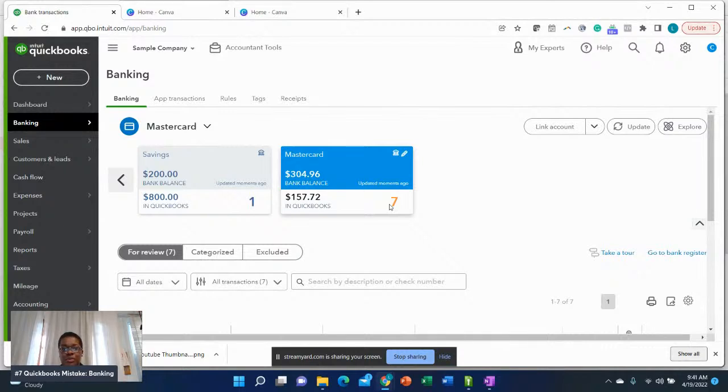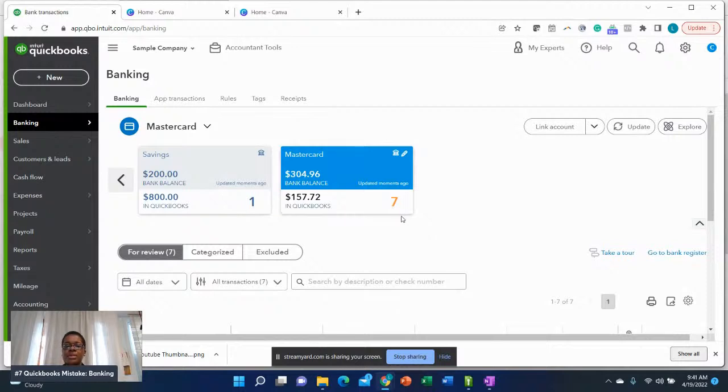You have to schedule time to do this. If you're doing your bookkeeping yourself, schedule time so it doesn't get so overwhelming. Once you get over 20, 30, 40, 50, you definitely want to spend a couple hours and get caught up.